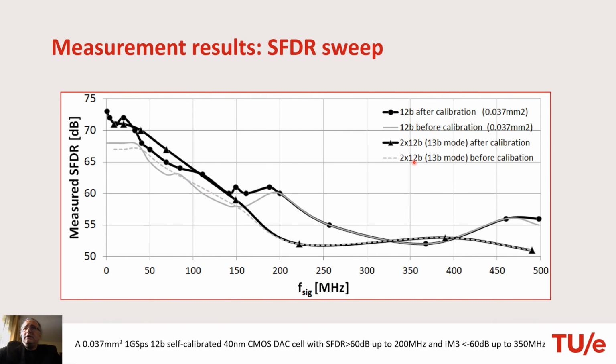So what you see here is before calibration and after calibration. Before calibration, you see that the 13-bit mode is even worse than 12-bit, and this is because of the large gain errors. However, when we calibrate both, the performance is improved by about 8 dB.